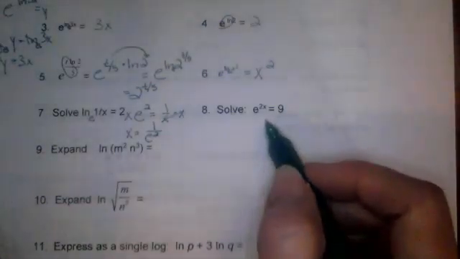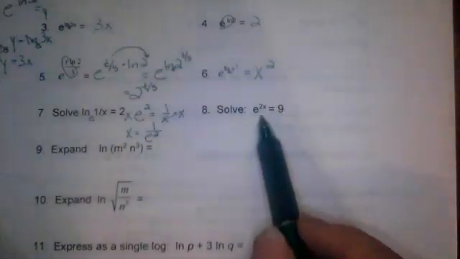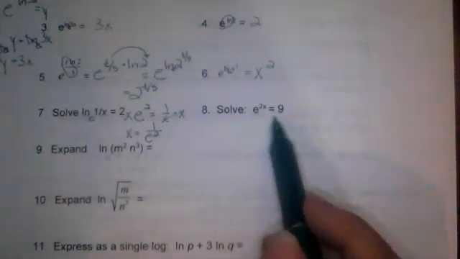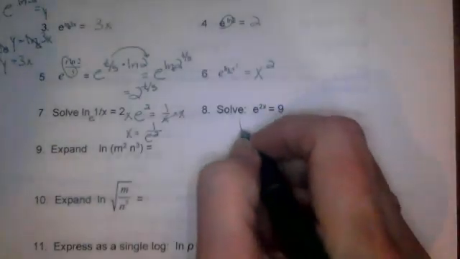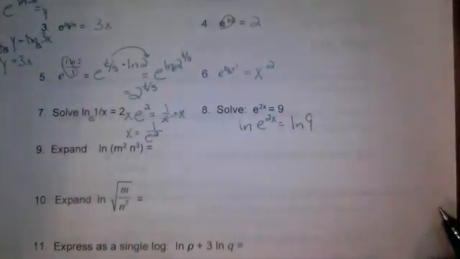All right. For number 8, we learned that when we were solving equations, if we can't rearrange and solve, then we could take the log of both sides. In this case, take the natural log of both sides. So the natural log of e to the 2x equals the natural log of 9.